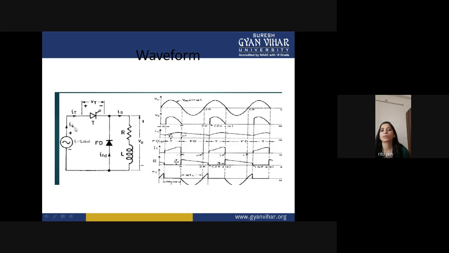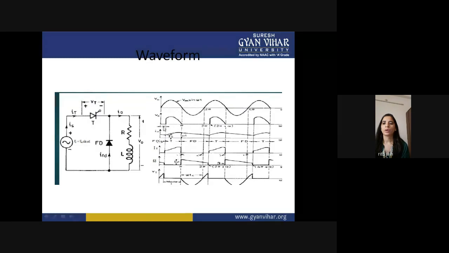When you apply the positive half cycle to this terminal, the terminal of this thyristor becomes positive, and this terminal becomes negative. Now, unless you apply the gate pulse, the thyristor will not turn on.